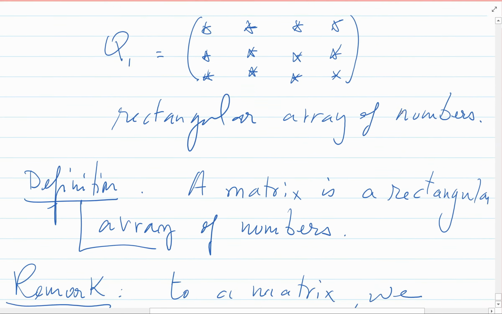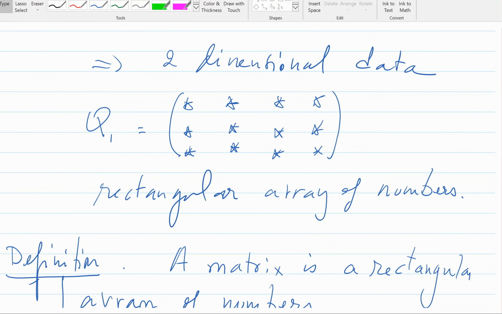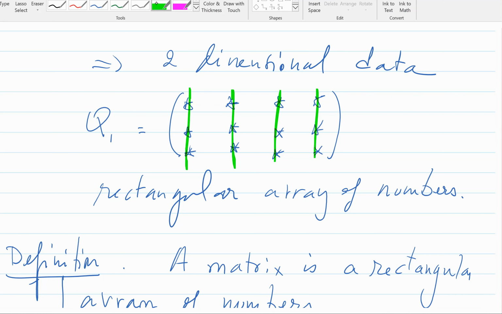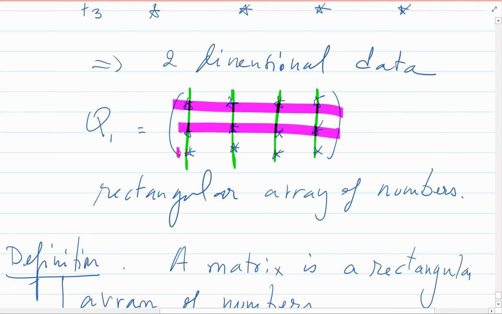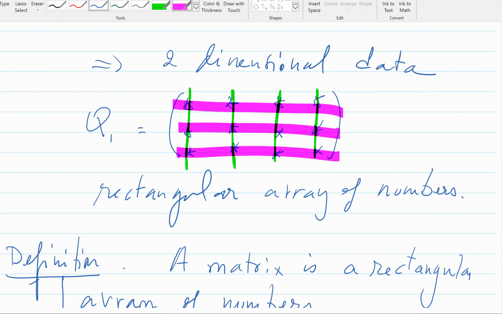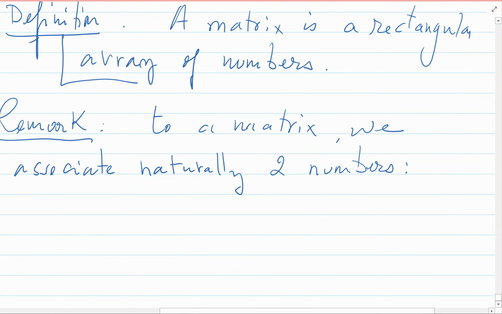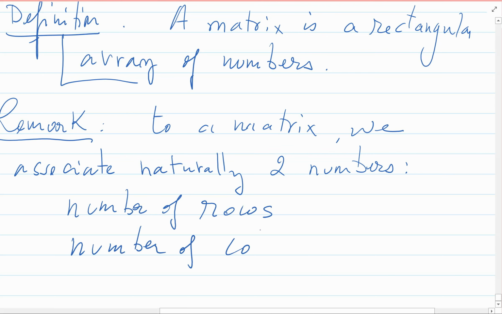Let me show them to you: the number of columns and the number of rows. So here, 2 numbers, the number of rows and the number of columns.